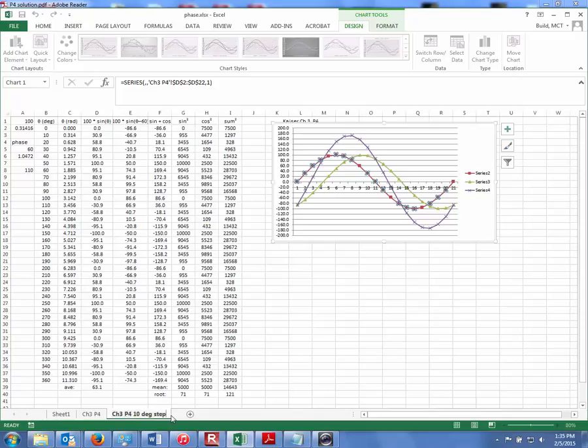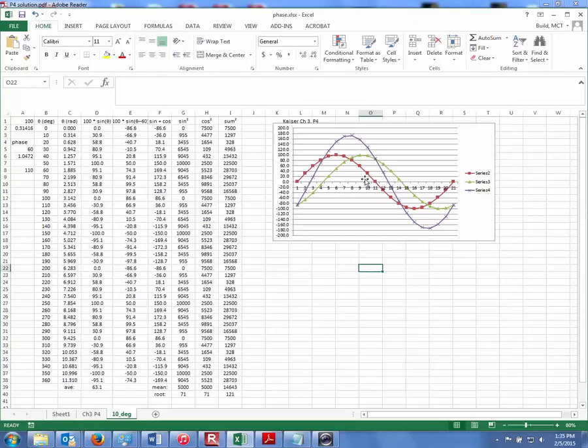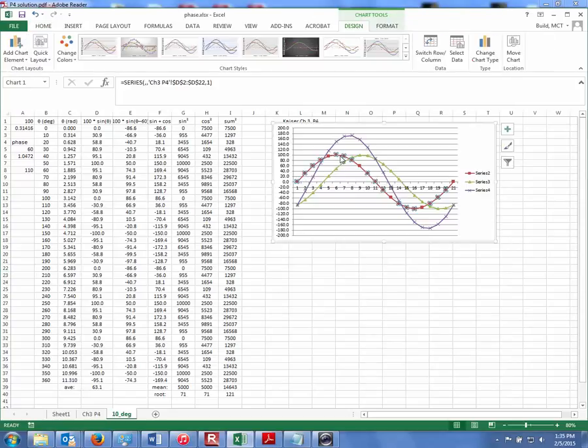I'll just make this simpler, rather than trying to guess. I'm just going to call this thing 10 deg. I've got that guy open, click the whole series, and up here I'm just going to edit this and call it 10 underscore DEG.